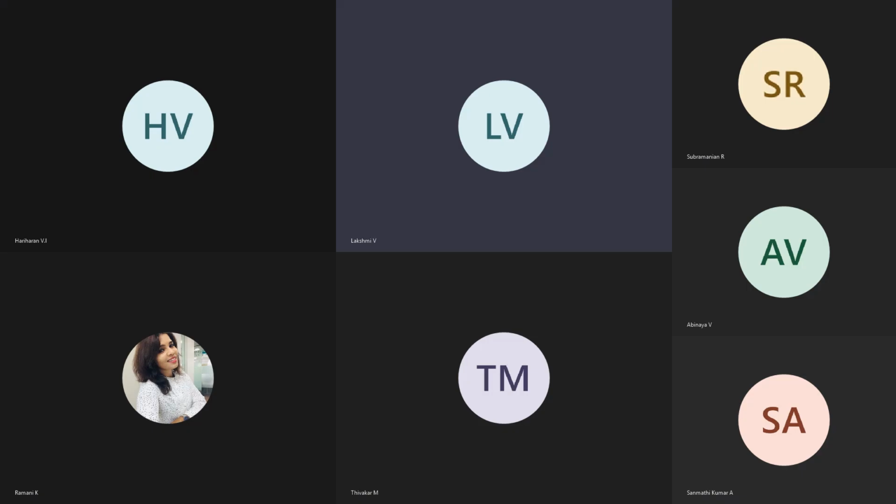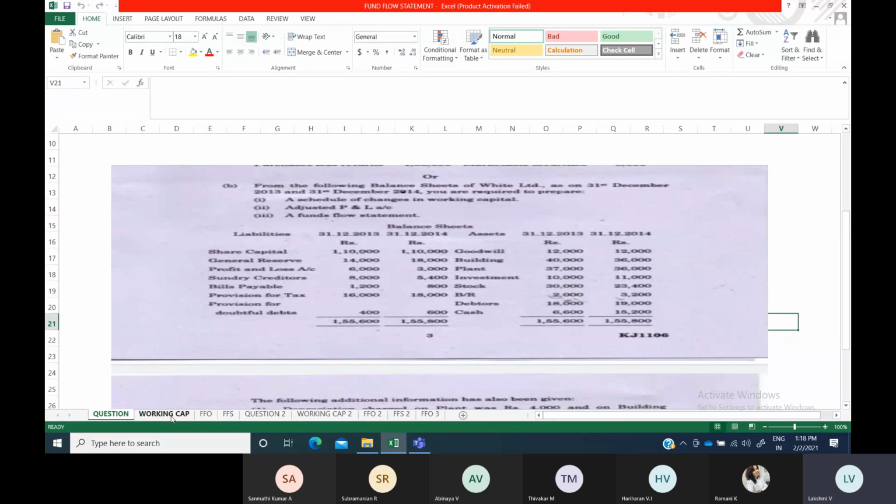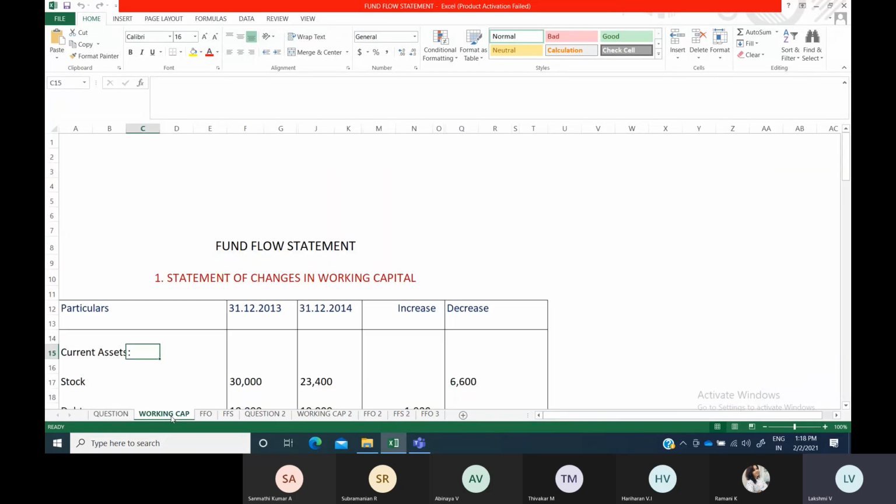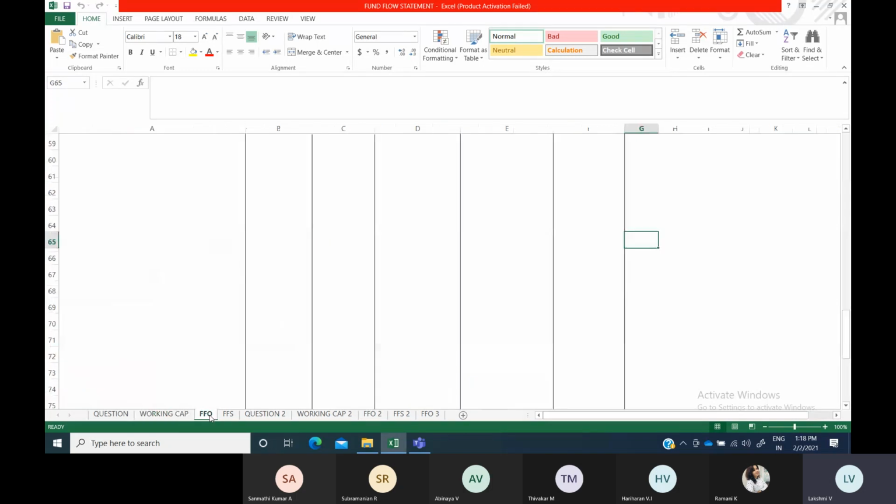Discussing this problem, preparation of the fund flow statement, where we prepared the working capital and the fund from operation.